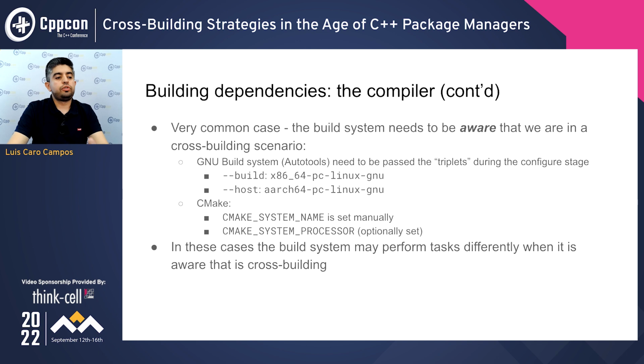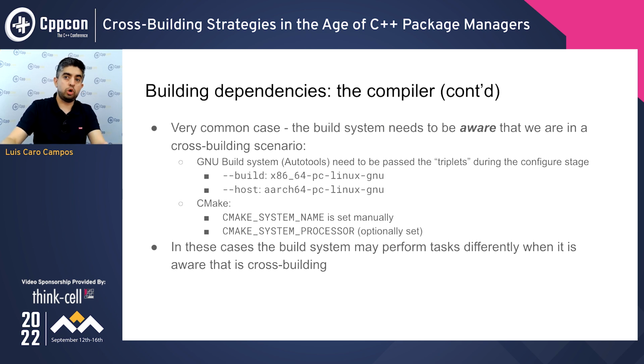The build system needs to be aware that we are in a cross-building scenario, right? So this is where things start to get a little complicated. If we're using Autotools, that requires passing those two flags during the configure phase. And if we're using CMake, CMake will understand that it is cross-compiling if CMAKE_SYSTEM_NAME is being set manually, typically from a toolchain file. The reason the build systems may need to do this is because a lot of them, during the configuration phase, will build test projects.